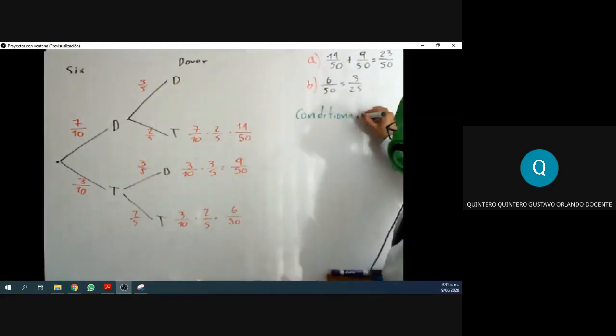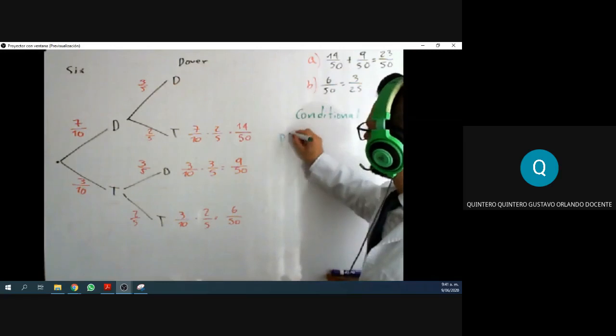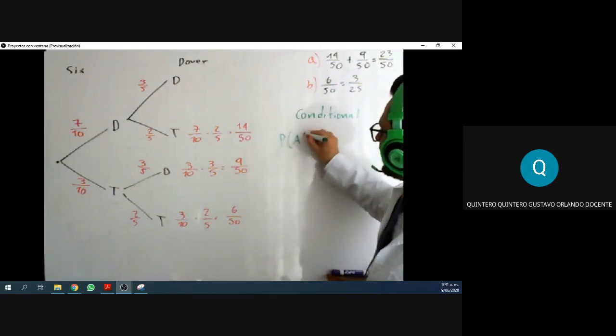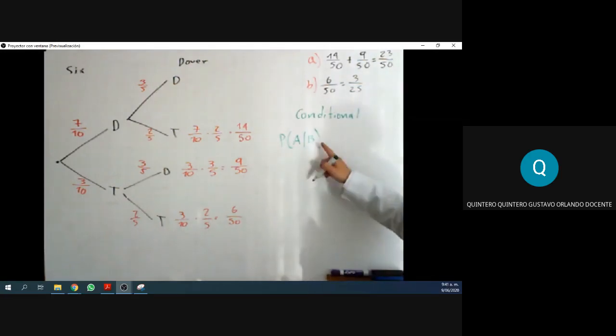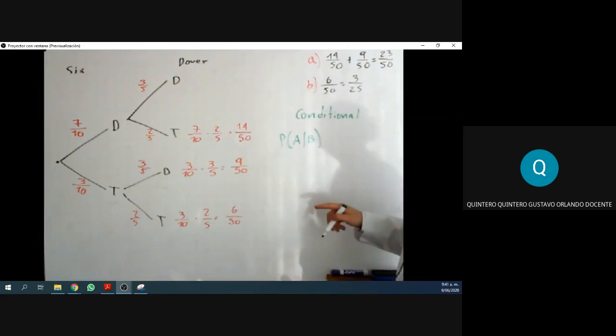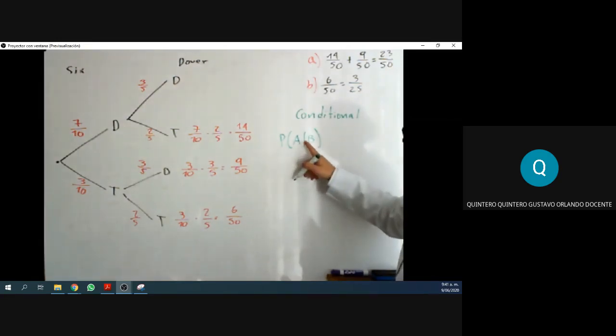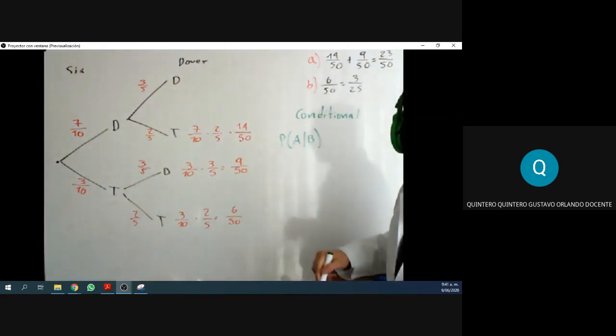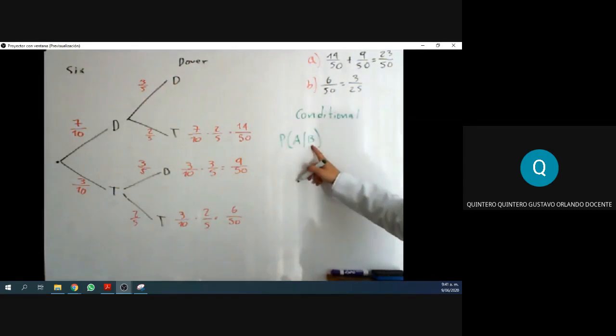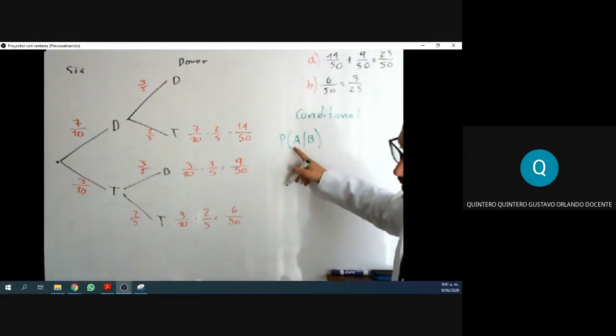The formula is this. The probability of an event given that another one occurred, A given that B, probability of A given that B, right? In this case, B is our condition, and A is the one we are looking for.